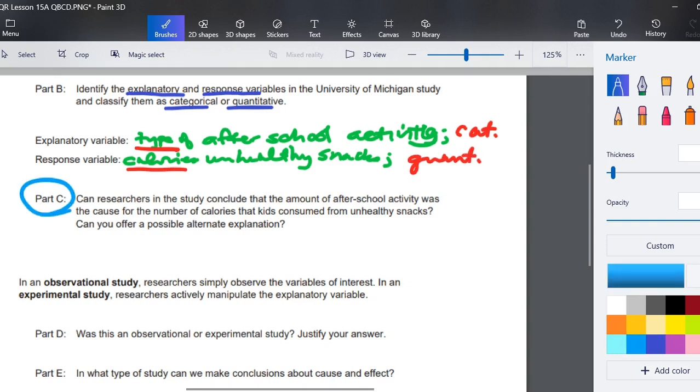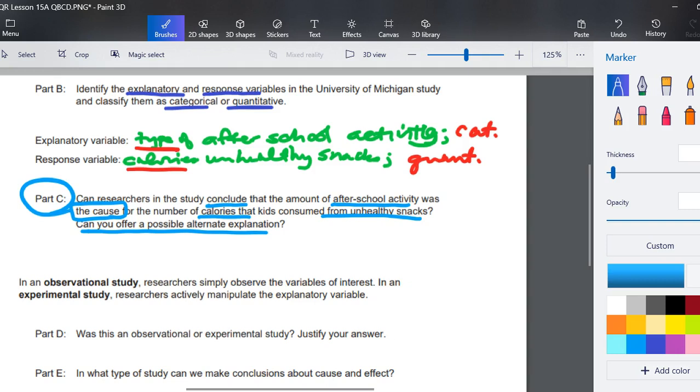Can researchers in the study conclude that the amount of after-school activity was the cause for the number of calories that kids consumed from unhealthy snacks? Can you offer a possible alternate explanation?